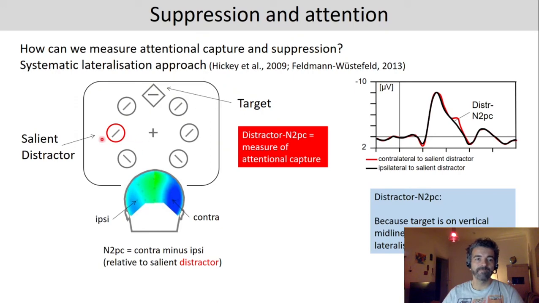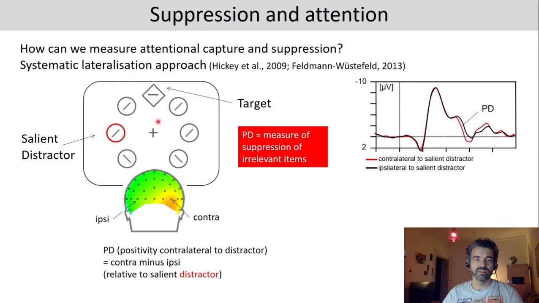But importantly, after the distractor N2pc, there is something found which is called the PD component. PD stands for distractor positivity. It's a positivity contralateral to the distractor compared to ipsilateral sides, and the PD is reflecting suppression of irrelevant information. So first we have attentional capture by the salient item, and then later it is suppressed.